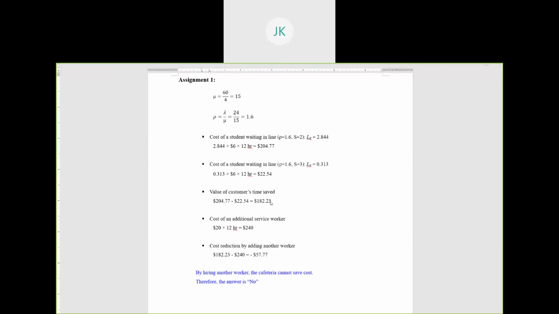So save $182.23, but pay $240. Subtract, then the result is negative 57.77. If this result is positive, then the answer will be yes, because there is a benefit by hiring one more worker. But this one is negative, that means there is no benefit. So the answer is no, don't hire one more worker.